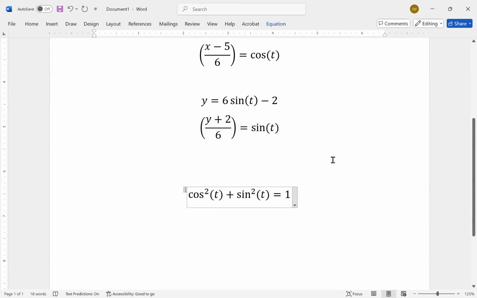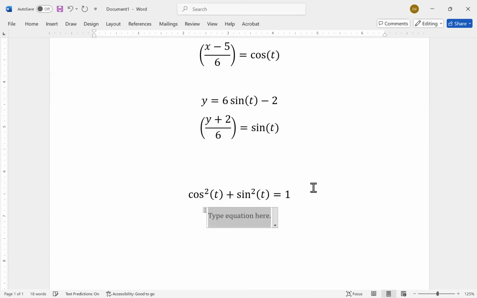Now we do a substitution for cosine. We substitute in (x minus 5) over 6 for cosine, and we substitute (y plus 2) over 6 for sine.